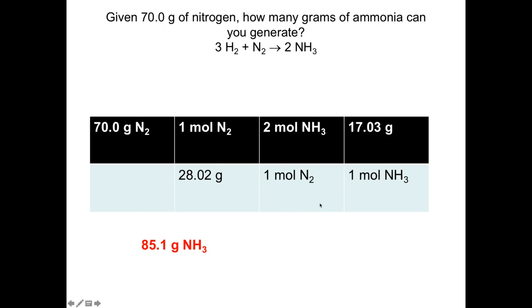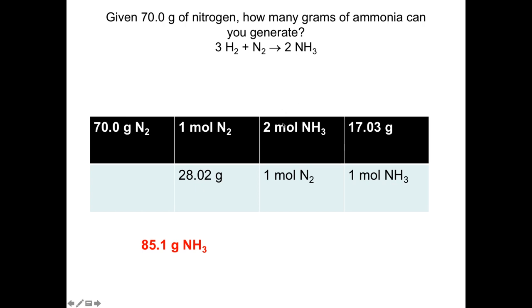And so this one here will always have, okay, I have 1 mole of nitrogen here. I need to get rid of it. So nitrogen has to go here. So I'm going to go up to my balanced equation, and I have a coefficient of 1 in front of the nitrogen. So it'll be 1 mole of N2 down here. And then it's going to go to ammonia, so we'll have 2 moles of ammonia here.